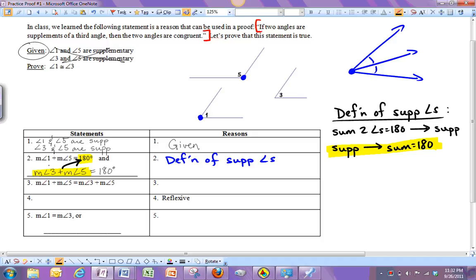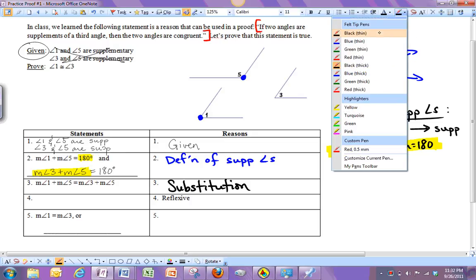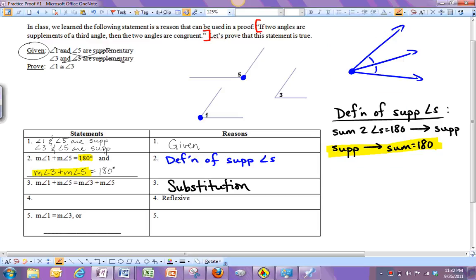If you look at step 3, it says that 1 plus 5 equals 3 plus 5. So really all I'm doing is plugging in this yellow box for that yellow box. And when I plug in, it's called substitution. Okay, so I've got substitution now.